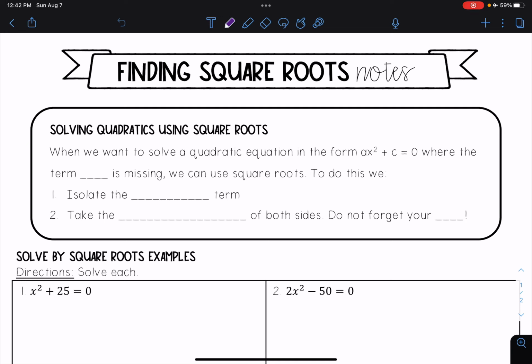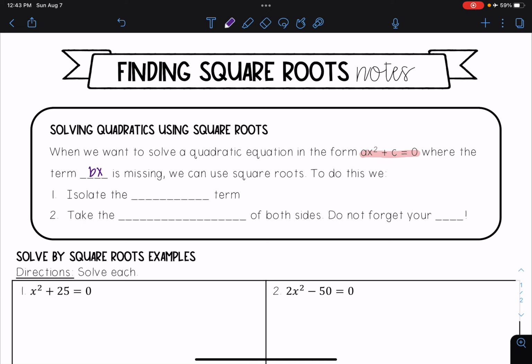It's really important to note that when we want to solve a quadratic in the form ax squared plus c equals 0, where the bx term is missing, we can use square roots. It's only in this scenario, when there is no x term. If there is an x term, then this method cannot be used.